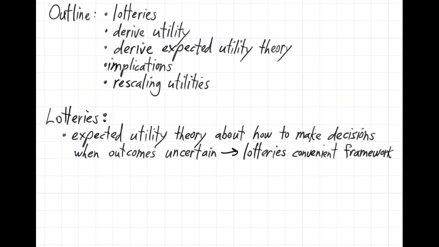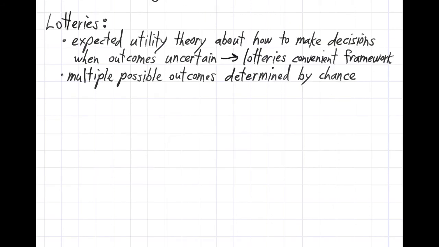So like a mixed strategy, in a lottery, you can have multiple possible outcomes. The outcomes are just determined by chance. So the way I'm going to denote that is by drawing a die. And the idea there is that you're rolling a die to see what the outcome is going to be. And you might have, let's say, 3 possible outcomes. And each one maybe has a certain probability of occurring.